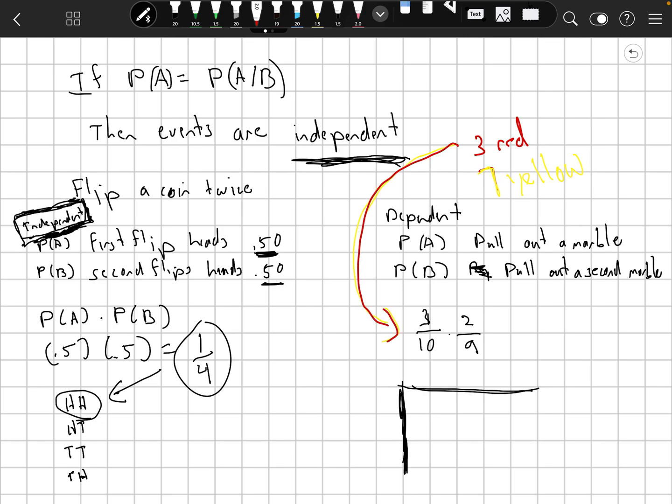But now you don't put the marble back in, no replacement. So the second event depends on the first event. This time, instead of the probability of A times the probability of B, we're going to have the probability of A times the probability of B given A. So a conditional probability here.